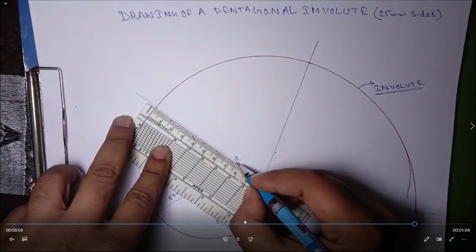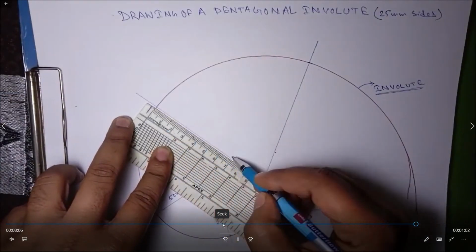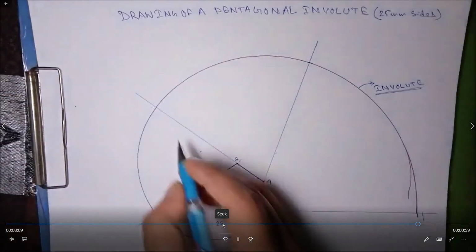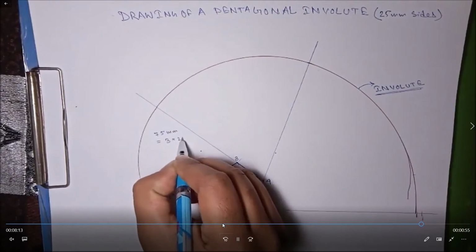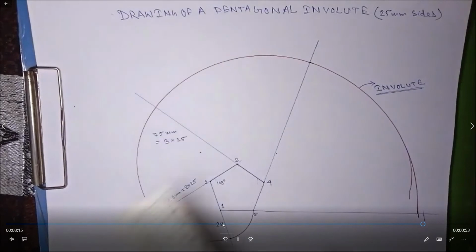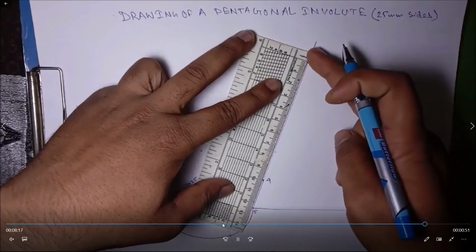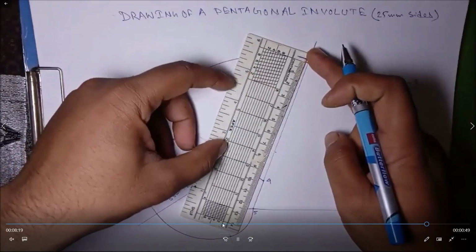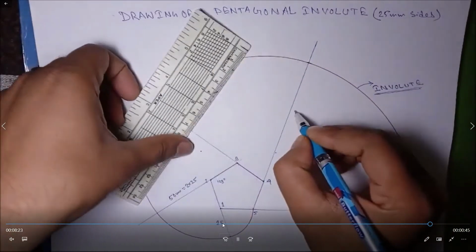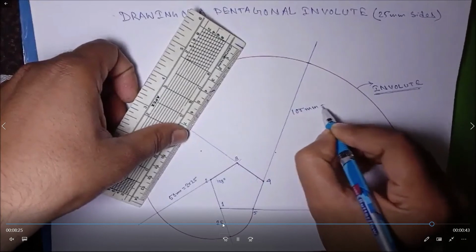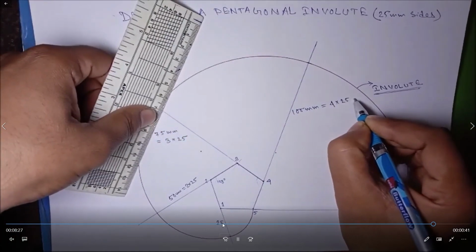So you cut the first tangent. Okay. In the same way, in a similar way, you follow the procedure. Okay, this is the involute of a pentagon.